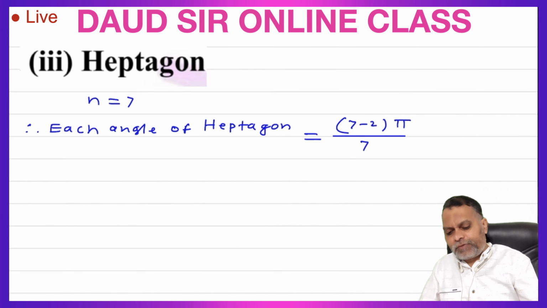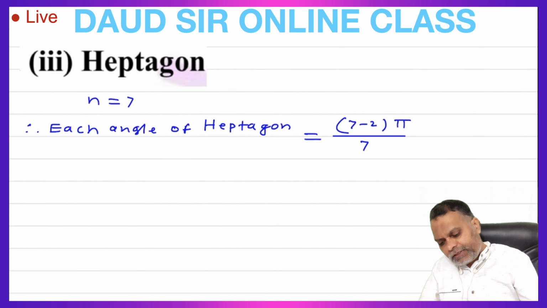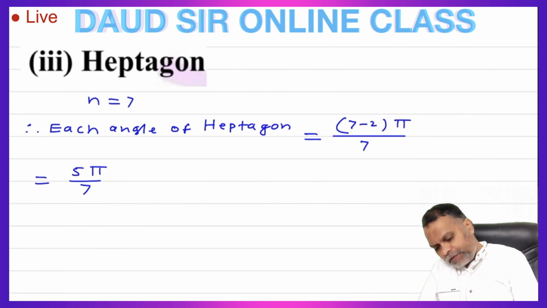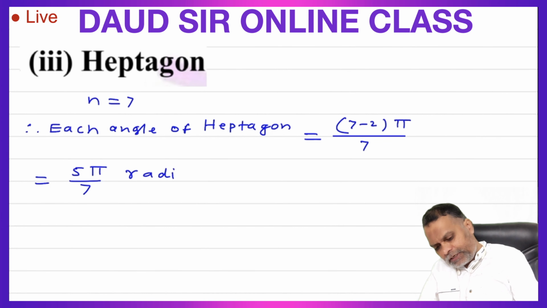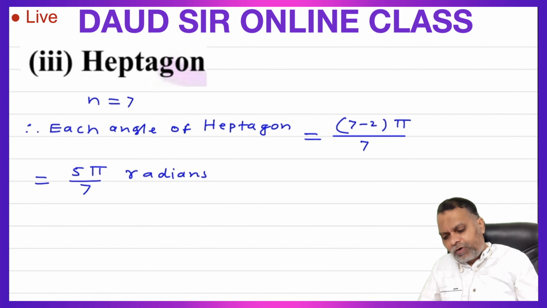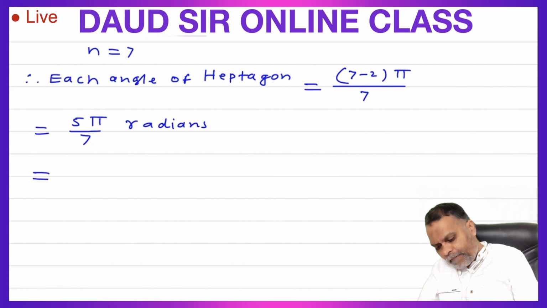This much radians. Okay, simplify this. 7 minus 2, 5 pi by 7 radians. This is radians.